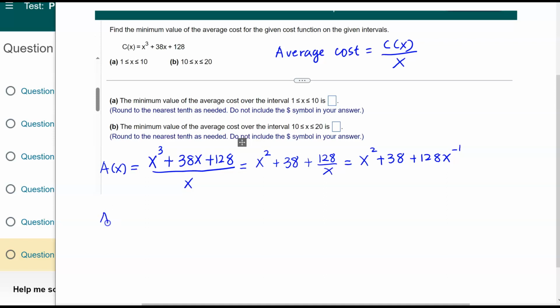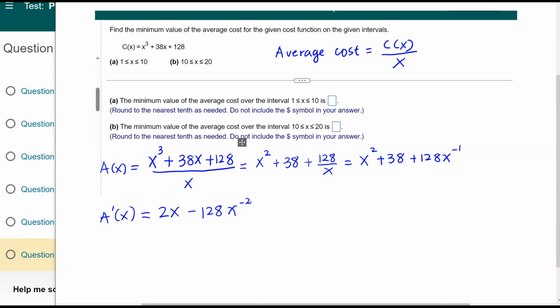Then differentiate a. So a prime of x is equal to the derivative of x squared, which is 2x. The derivative of 38 is 0. And then the derivative of 128x to the negative 1 is just negative 128x to the negative 2.